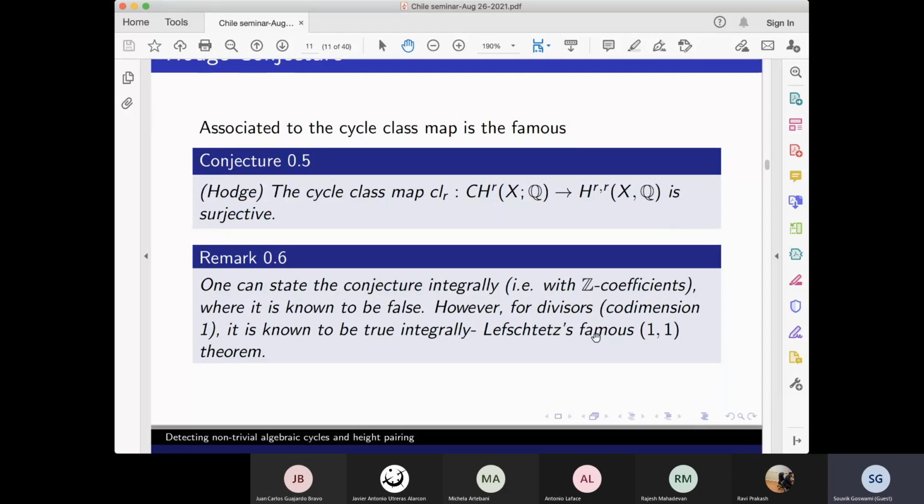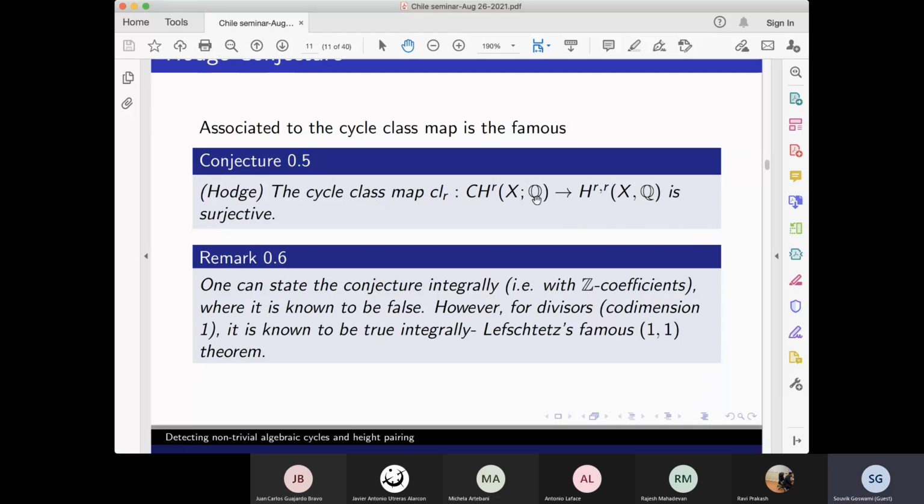Lefschetz already proved this theorem for r equals 1. So CH1 of X with rational coefficients surjects to H^{1,1} of X comma Q. Lefschetz already showed that, and not just for rational coefficients, also with Z coefficients.